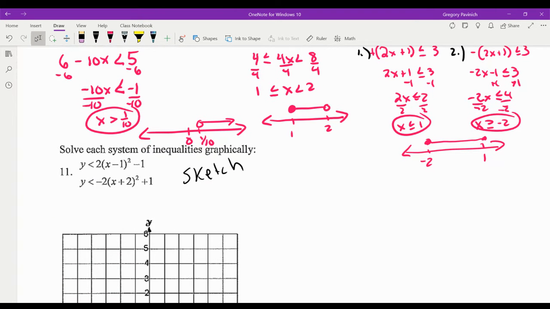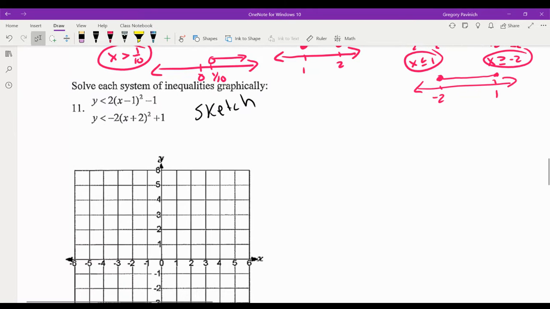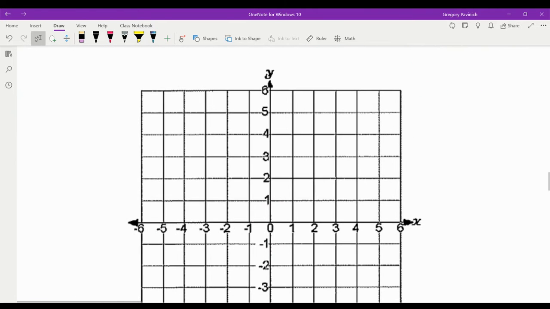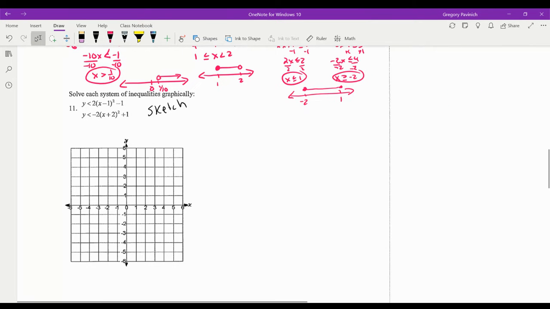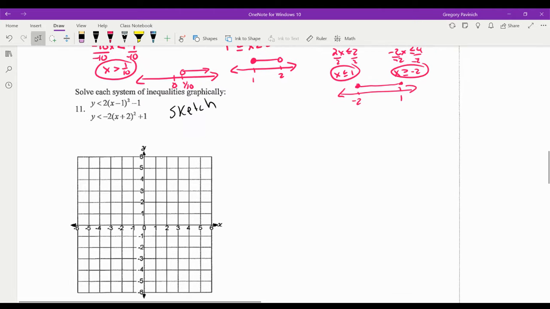Okay, my next one is solving a system of inequalities graphically. So I'm going to go ahead and do that. I just wanted you to sketch these just to kind of get the hang of sketching and remembering that my vertex here is 1, -1. And I'm going to go over 1, and 1 distance squared is 1, but then I have an a of 2.